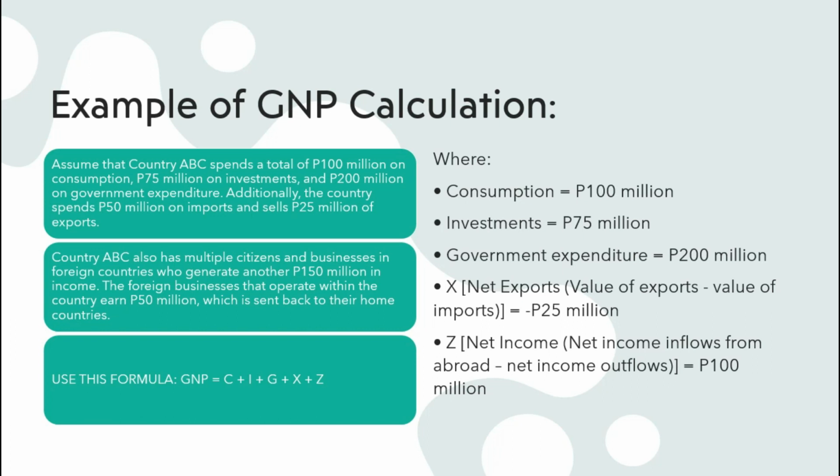So we have here 450 million. Therefore, we can conclude that country ABC's GNP is 450 million. So that is all our topic for today, the calculation of the GDP.